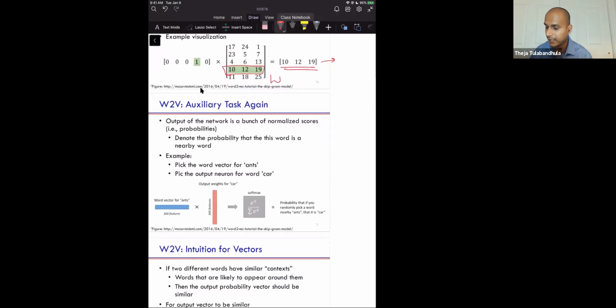You get the vector, let's say for ants or cat. When this vector multiplies with the output layer's matrix, you're going to get a bunch of scores.